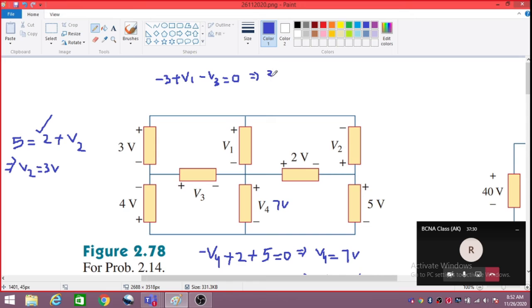So it will make it -3 plus V1, and V3 itself is a minus, so it will make it plus 11 equal to 0. So this will imply V1 is -8. Okay, so -8. What will be V2 then? V2 is plus 3 volt.